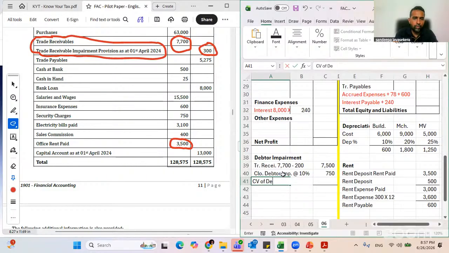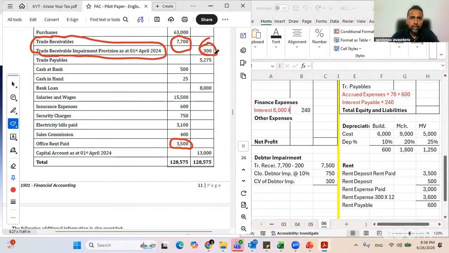Carrying value of debt impairment provision as of now is 300.